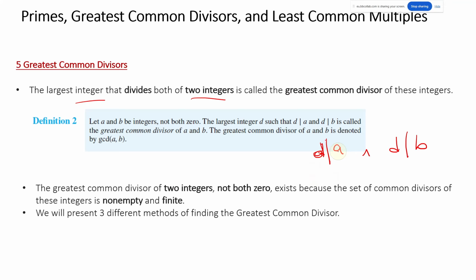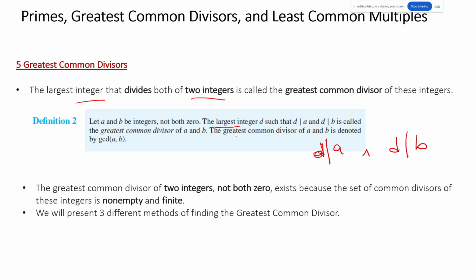That means a can be divided by d and b can be divided by d. This d is called the greatest common divisor of a and b, and this is the biggest number that's going to be dividing these two.